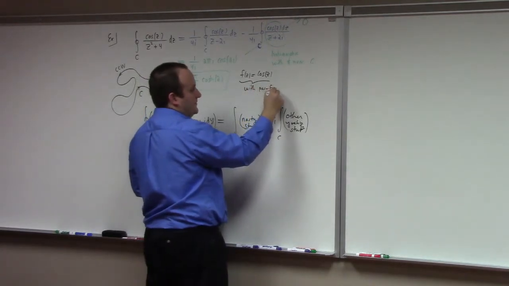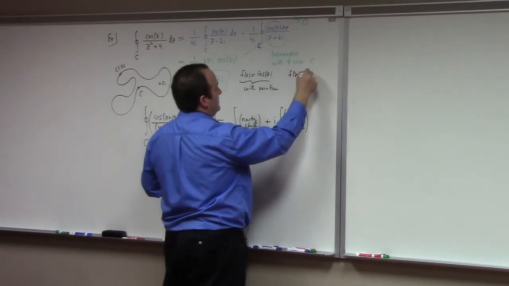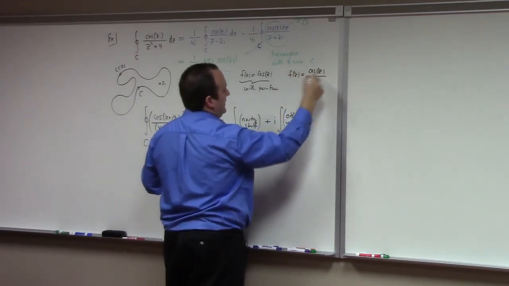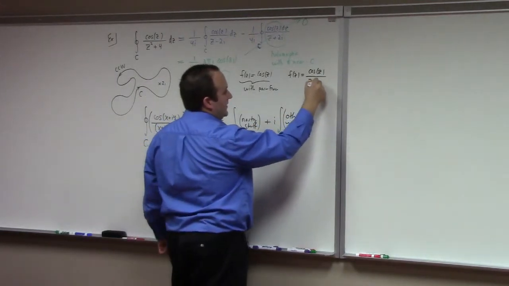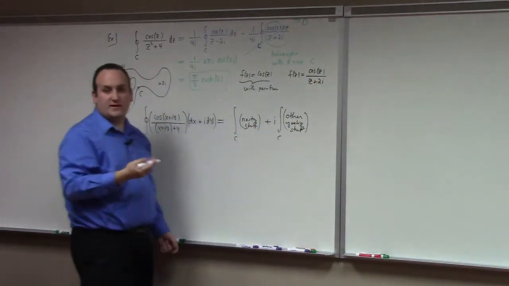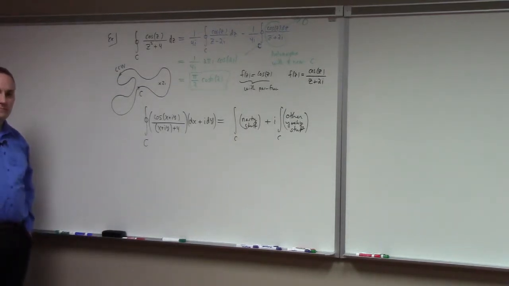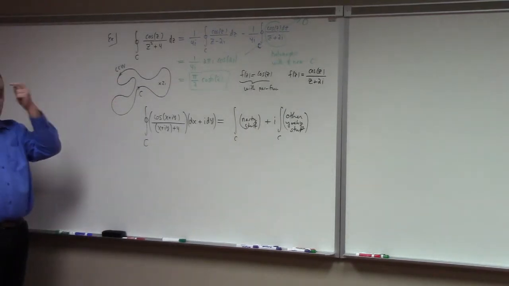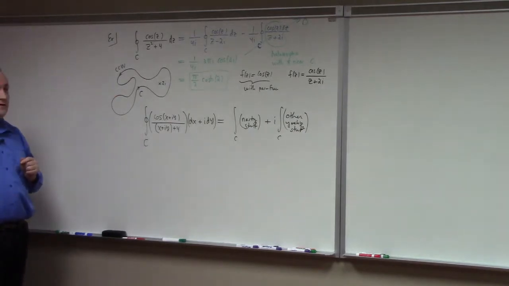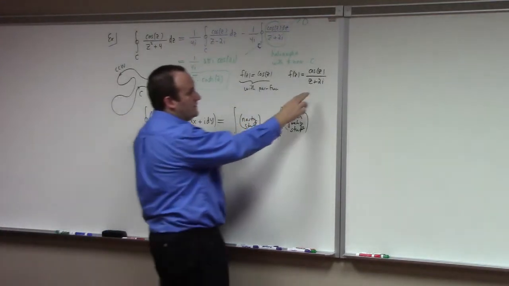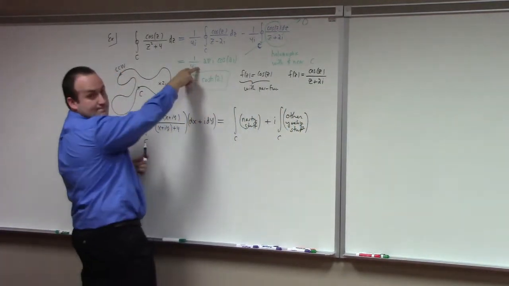If I was to do it the way we did last class, f of z would have been cosine of z divided by z plus 2i, right? And maybe that's easier than doing the partial fractions. It kind of depends on how comfortable you are with partial fractions at this point. So you could have also approached it using Cauchy's integral formula, m equals 0, with that more complicated integrand. And you see what would have happened when you plug in z equals 2i: out pops the 4i.